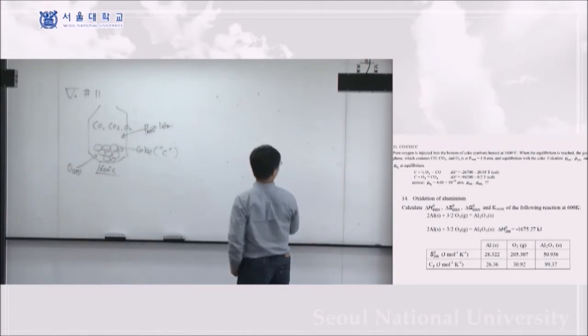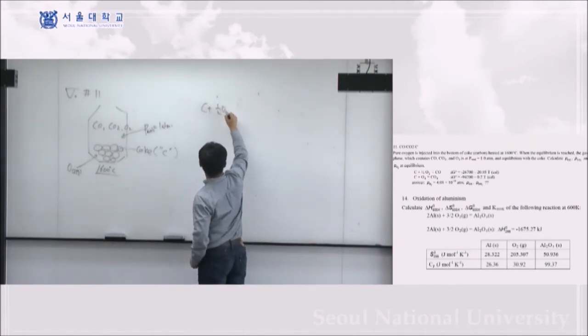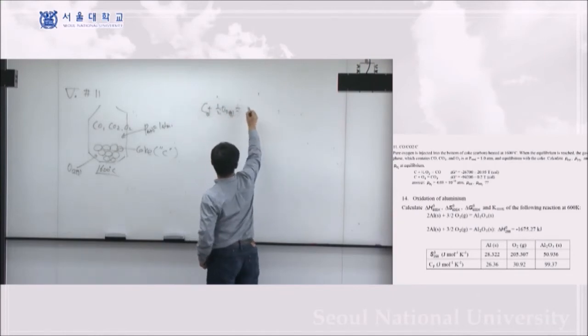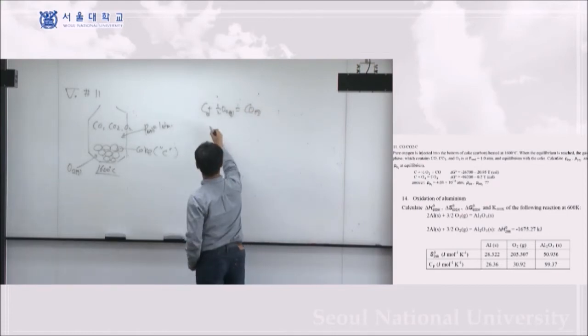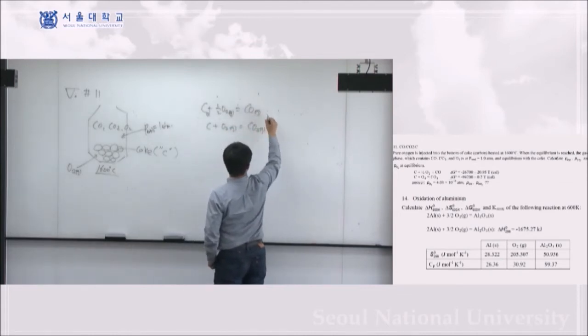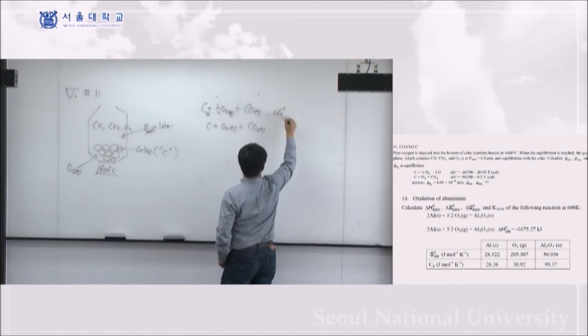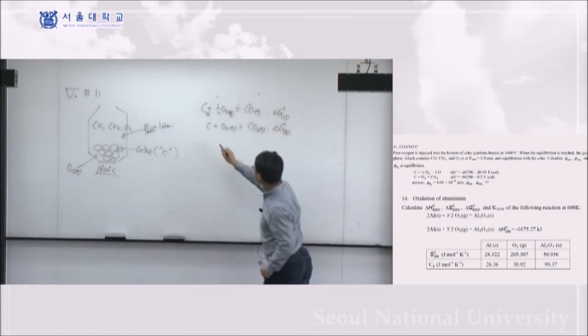Okay. So the chemical reaction we have is carbon, which is solid, and of course this should be gas. And then we have the other one. So we have these two reactions.